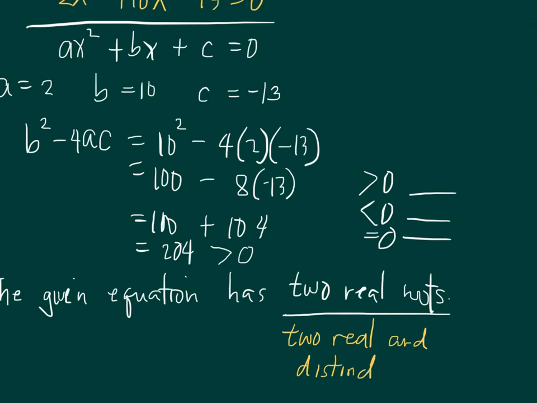Distinct means they're different. Because of the technicalities in identifying it, when they say 2 real roots, although they should be different, it's better if we say they're 2 real and distinct. Okay, so that's it.